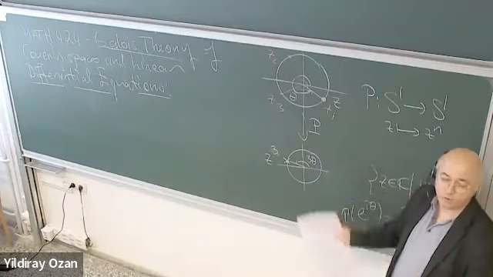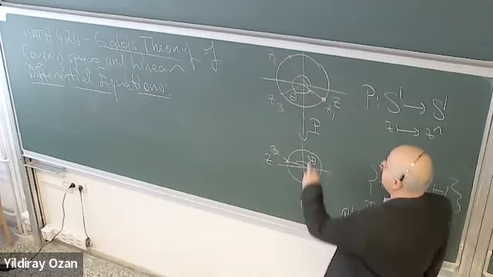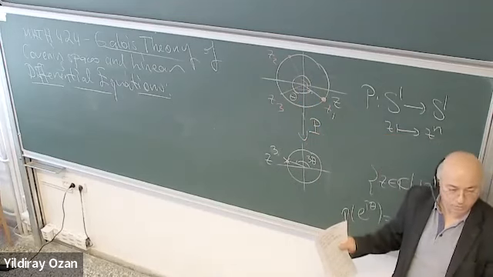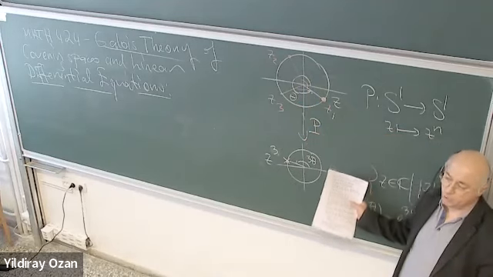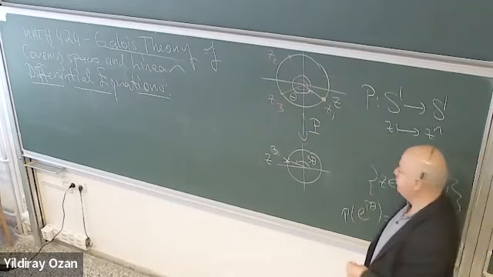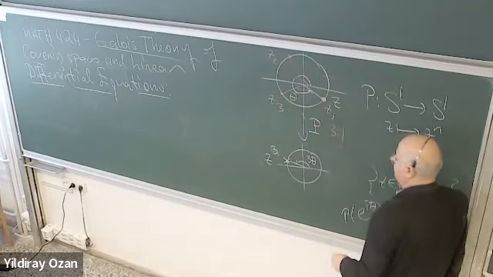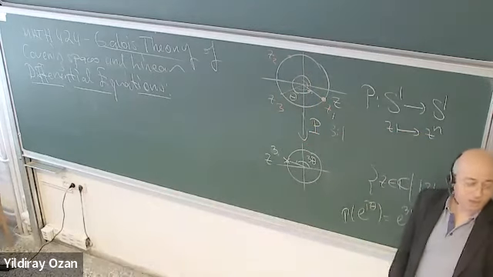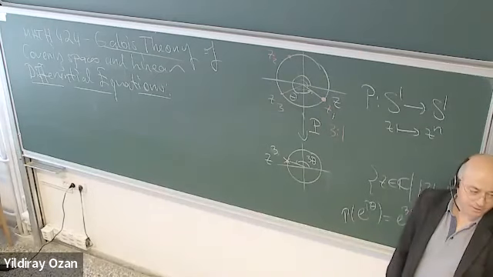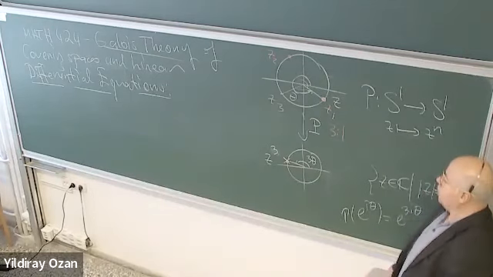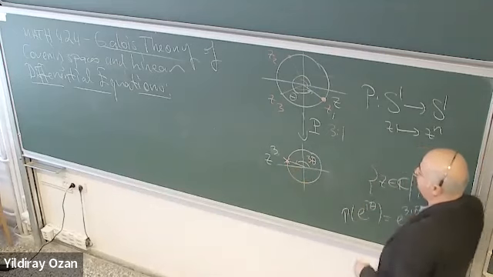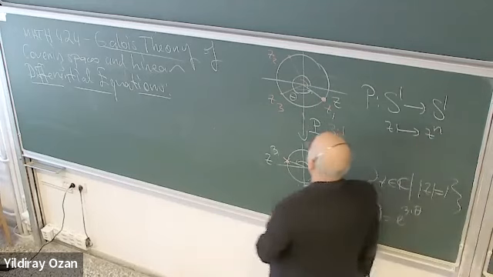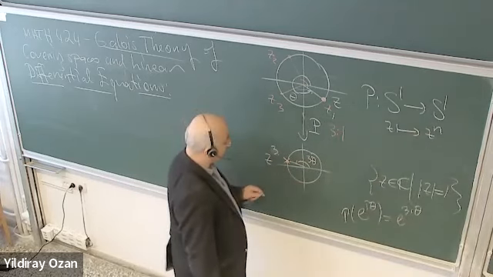What we mean by a local homeomorphism is the following. This map, of course, is not a homeomorphism because it is not even one-to-one, right? It maps 3 points to 1 point. It's a 3-to-1 map, okay? Because every complex number has 3 cube roots unless it is 0. And 0 is not here, so every point here has exactly 3 pre-images. And this being a local homeomorphism means the following.